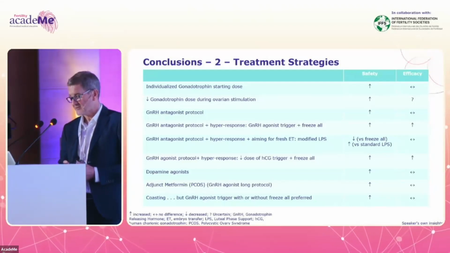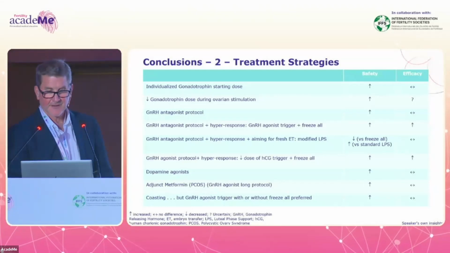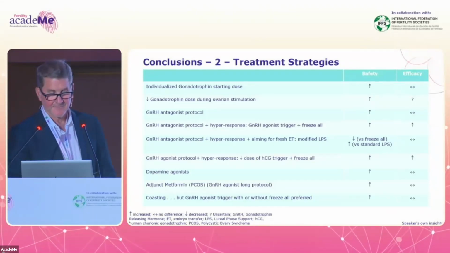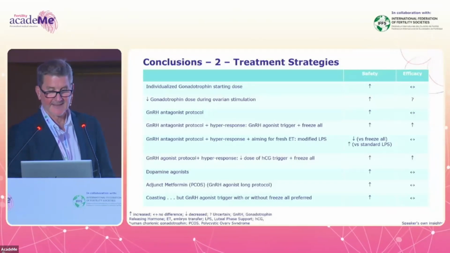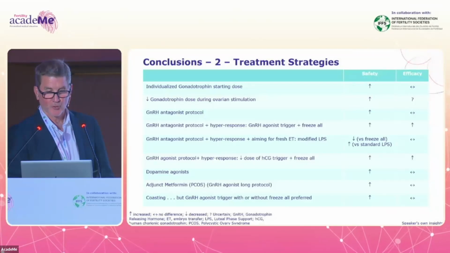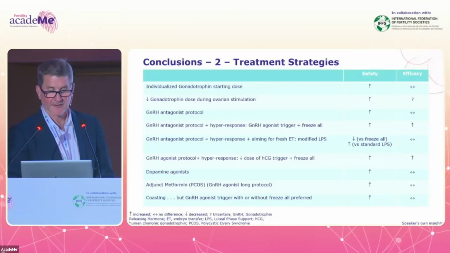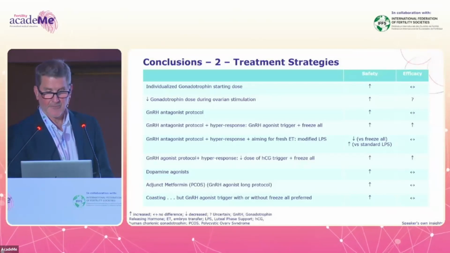Using a GnRH agonist protocol will increase safety without affecting efficacy. Using an antagonist protocol with hyper-response and then using a GnRH agonist trigger freeze-all will improve both safety and efficacy. If you have an antagonist protocol with hyper-response and you're aiming for a fresh embryo transfer and you use modified luteal phase support, then that will reduce safety compared to a freeze-all, but it will increase safety compared to standard luteal phase support without affecting efficacy.